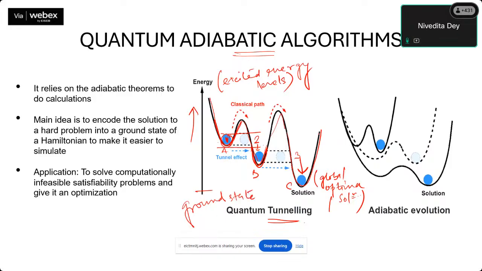So even if it is tunneled through, ultimately when you measure it at the end of time, you just measure the ground state, because you have assumed that in the ground state only my solution can be. And this phenomenon of quantum, it is not as primitive as superposition and entanglement, but this is also one of the very important features which has a great implication in optimization.